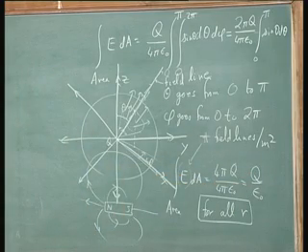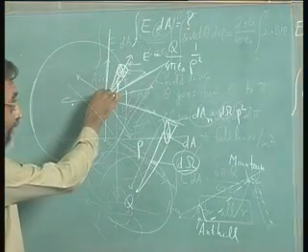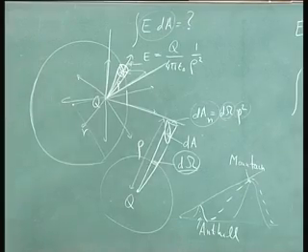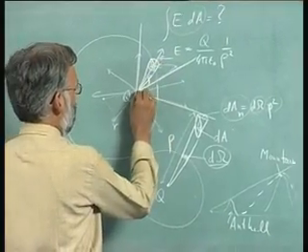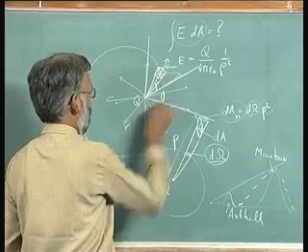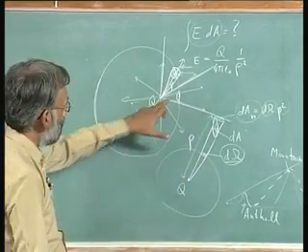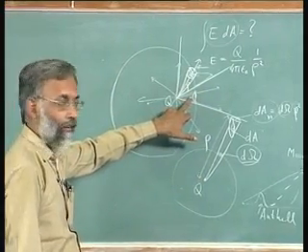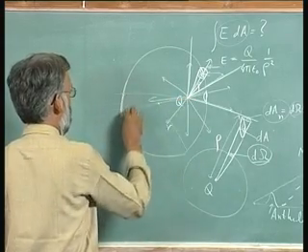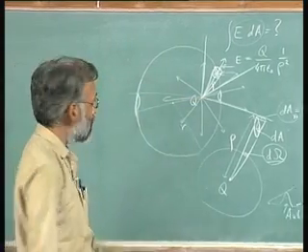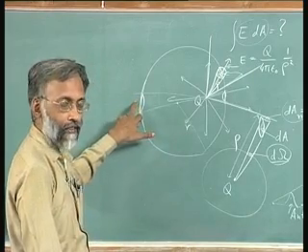When I go away from the center of symmetry, so my sphere is centered here, the charge is there. What is happening is that near points have strong electric field, but they have small area. Far points in the sphere have weak electric fields, but large areas.